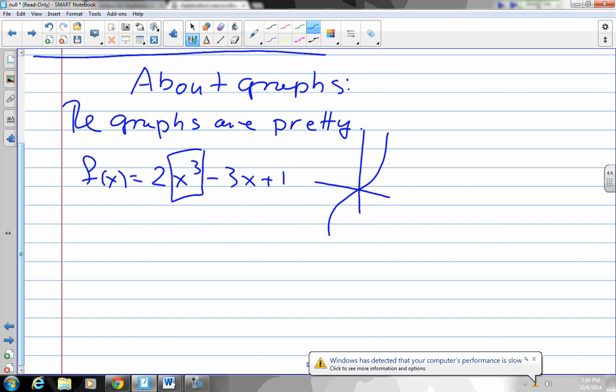You plug in negative 1,000, you'll get negative billion times 2, and then the rest doesn't matter. It's still all the way down. Does that make sense? So in the long run, odd degree polynomials will look like that. Even if the power is 13, it doesn't matter, it will still shoot to infinity and to negative infinity. So in the long run, all odd degree polynomials will look like your cubic.